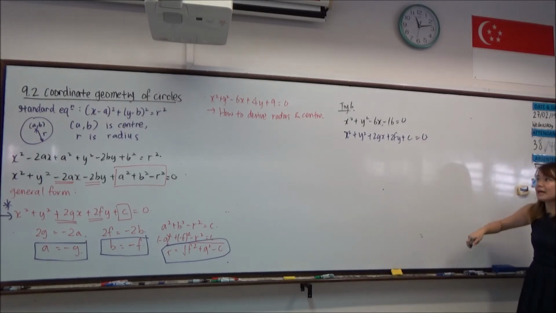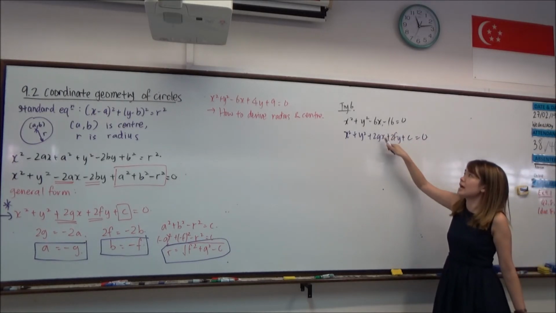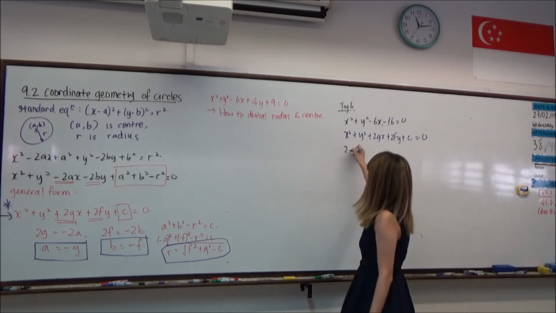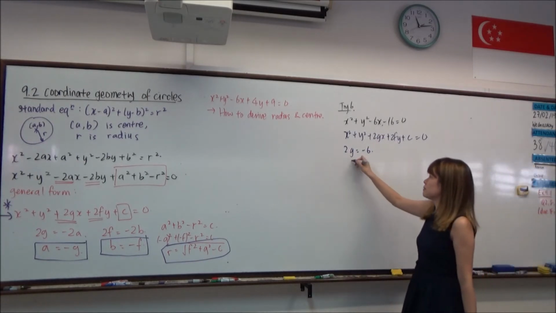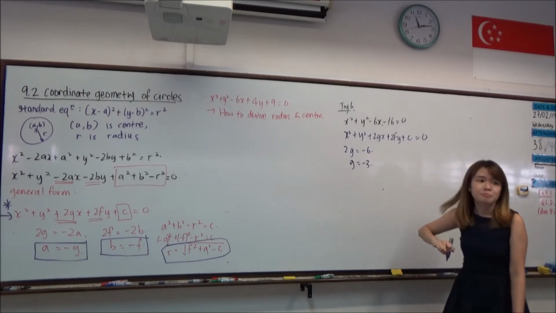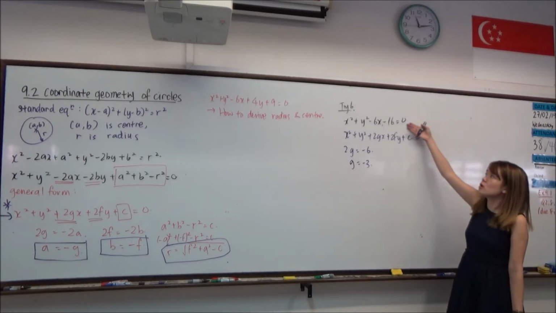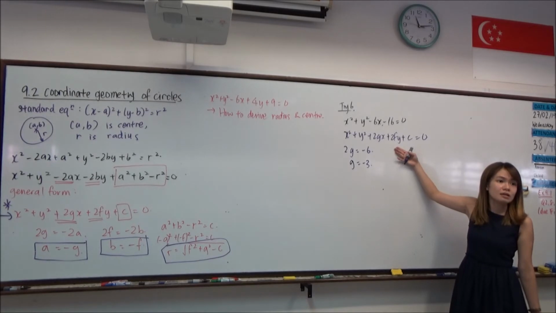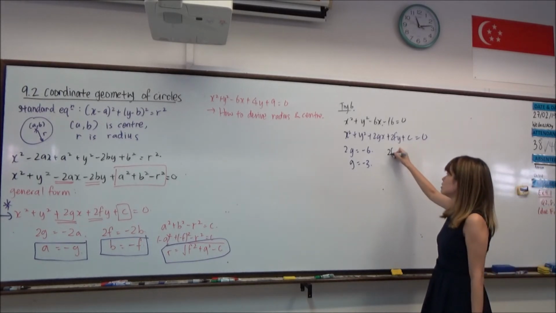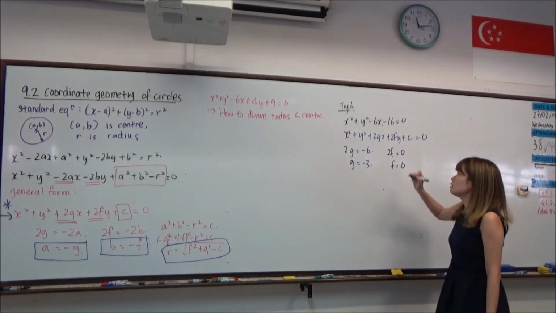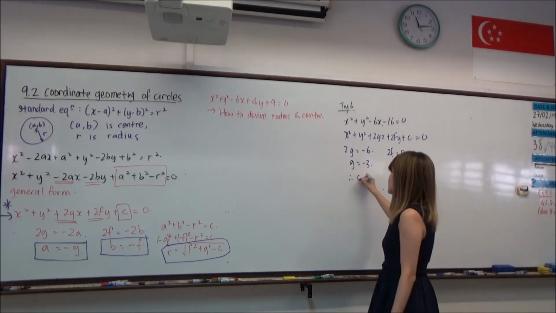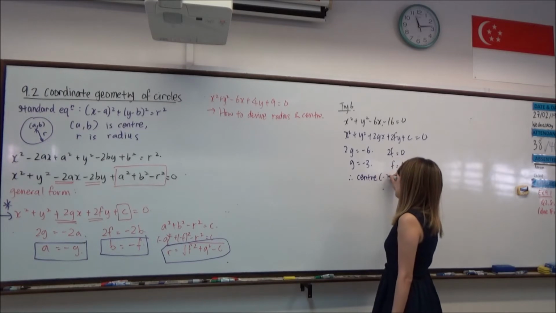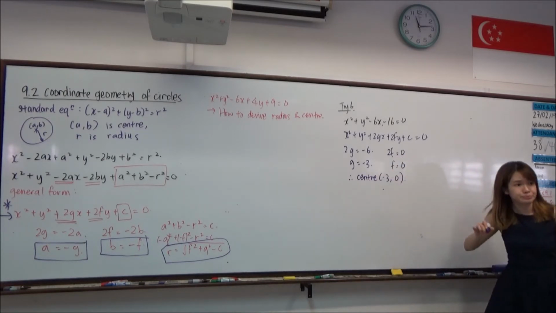I will find that the coefficient of x in this case, 2g, will be negative negative 6. So g will be negative 3. There is no term in y over here. Therefore, 2f will be 0 and f will have to be 0. So therefore the center will be negative 3, 0.